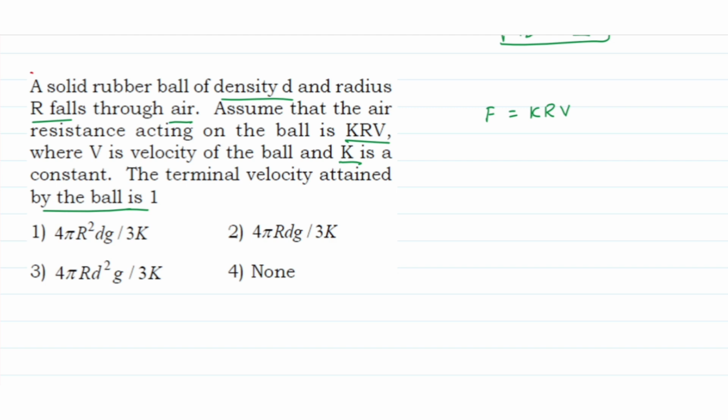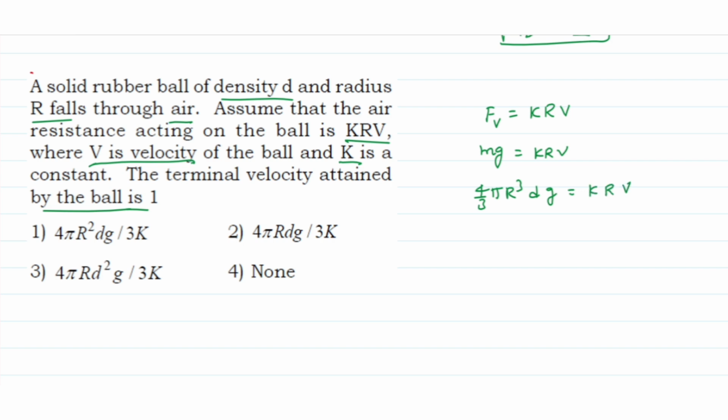F is nothing but k into r into v. At terminal velocity, the weight of the body balances the viscous force, the air resistive force. So mg is nothing but k into r into v.